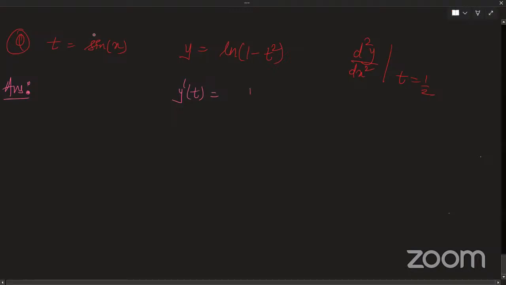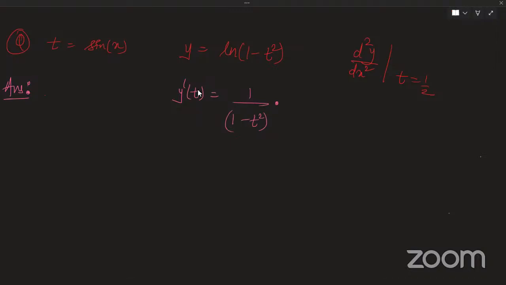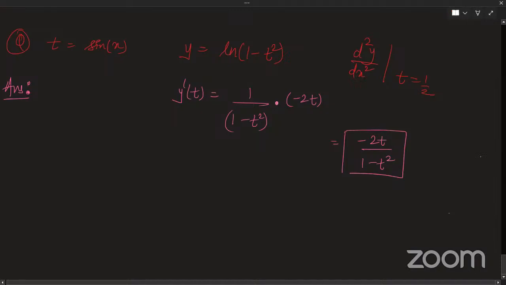It will be 1 by 1 minus t square into the derivative of 1 minus t square, which is minus 2t. So it becomes minus 2t by 1 minus t square. That is the value of y dash t.